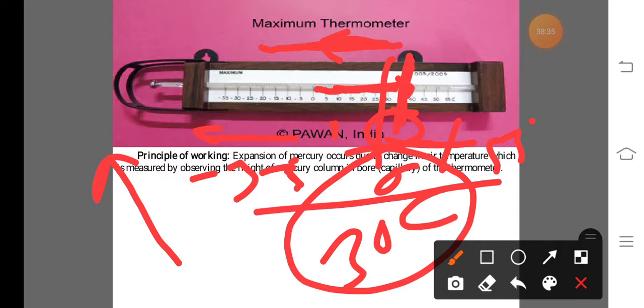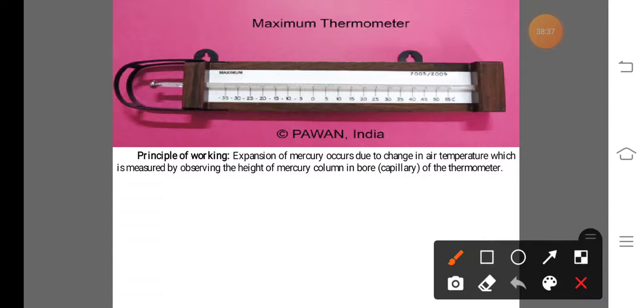That means in case of principle of working, the expansion of mercury occurs due to change in air temperature, which is measured by observing the height of the mercury column in the bore or capillary of the thermometer. That means the mercury column in the maximum thermometer increases with increasing temperature of the atmosphere. Like that, this is about the maximum thermometer.